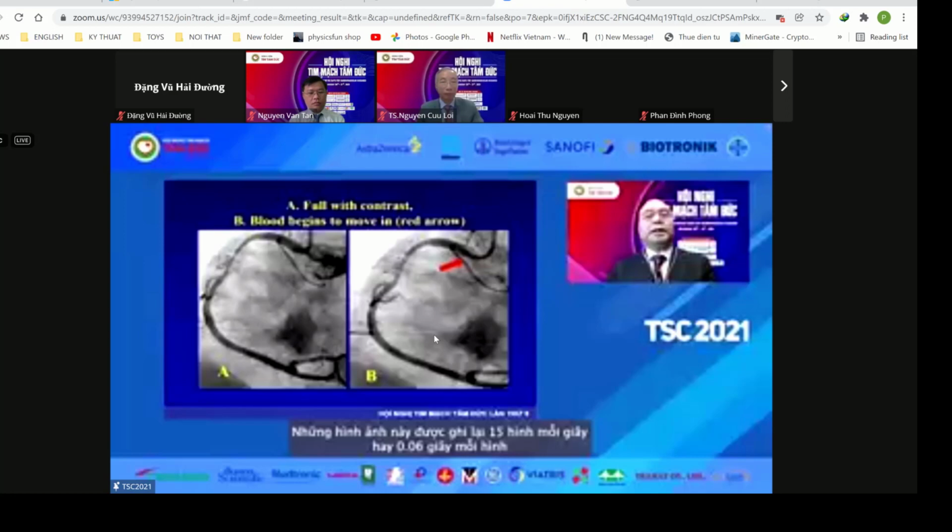And another one is, after we do PCI for a bifurcation lesion, we have to give the patient a beta blocker, as in any case after PCI, because beta blockers decrease the speed and constrict the arteries.